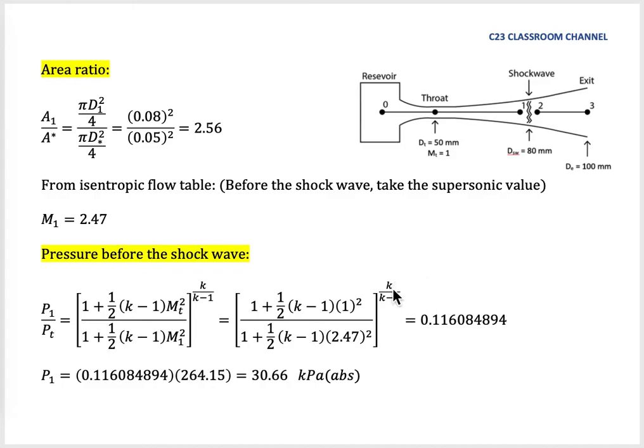We use the value of k equal to 1.4 because the medium here is air. The ratio P1 over Pt is equal to 0.11608, and then we could calculate the pressure P1 here by multiplying 0.11608 with 264.15, and we get the pressure at point number 1 here is 30.66 kilopascal absolute.